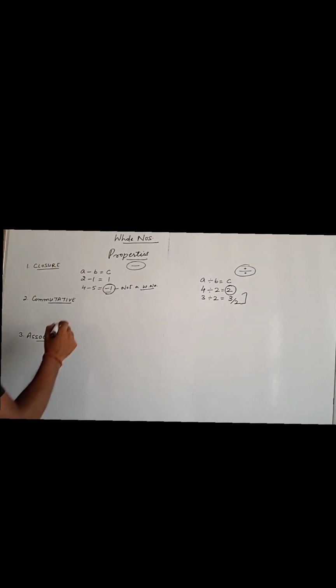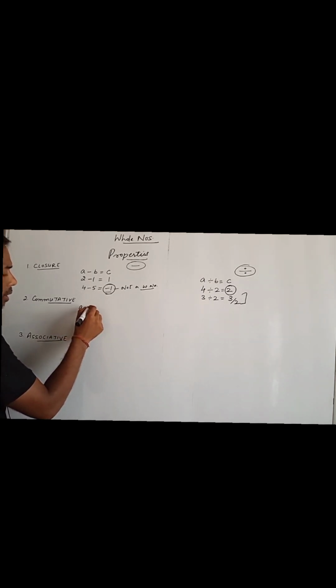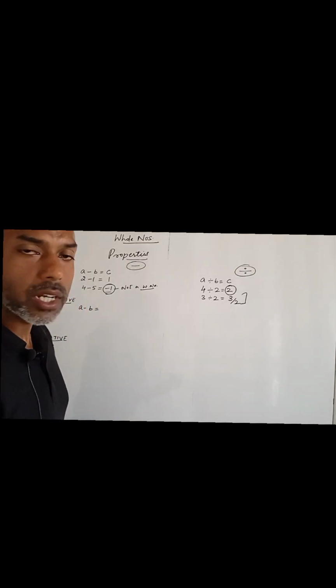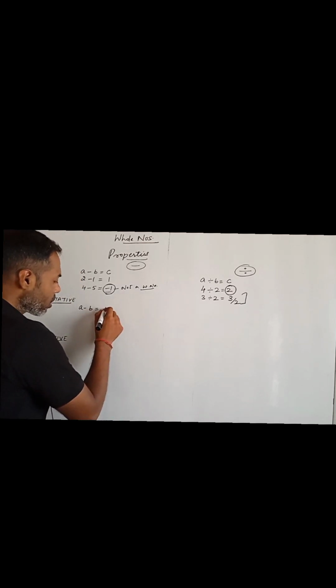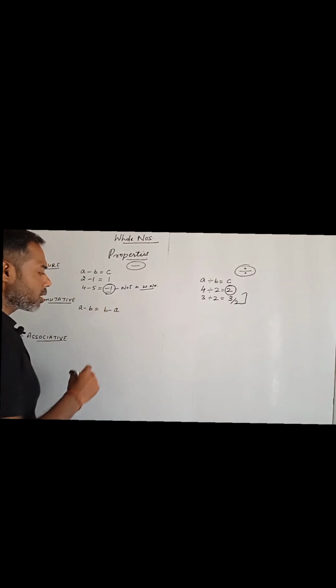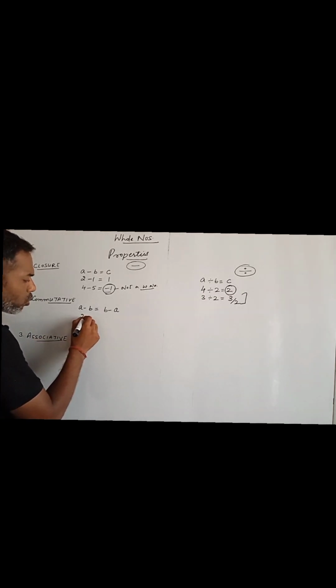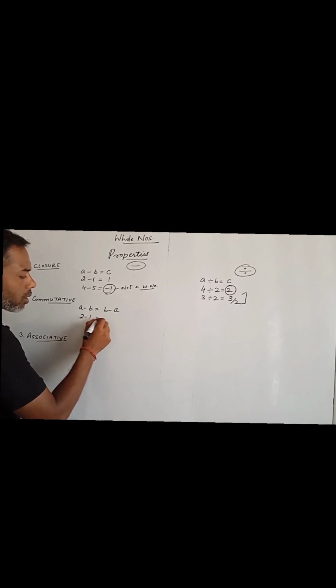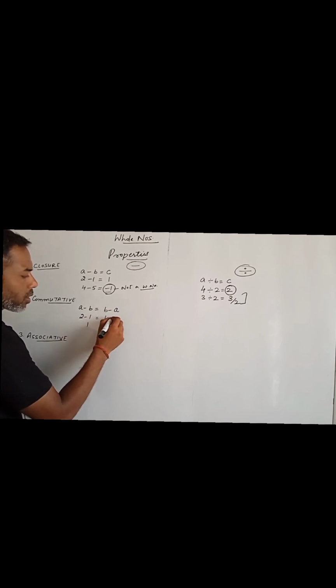The next one is commutative. The commutative property is saying that when we change the order of the numbers while doing subtraction, it will not change our result. Let us see if that happens. When we are doing 2 minus 1, we are getting 1. But if we change the order of the numbers, 1 minus 2, we are getting minus 1.